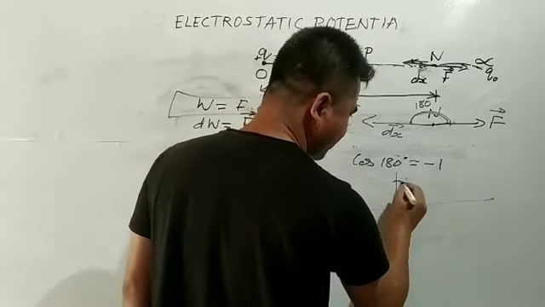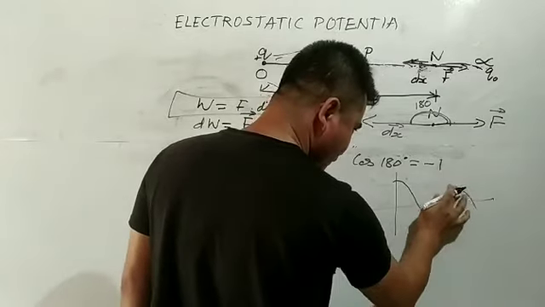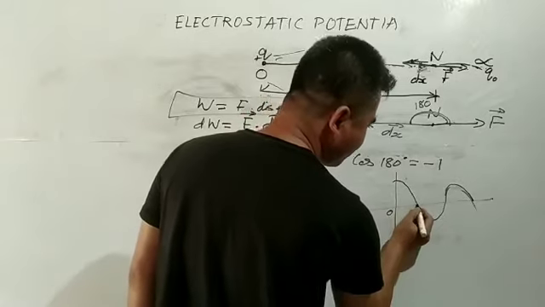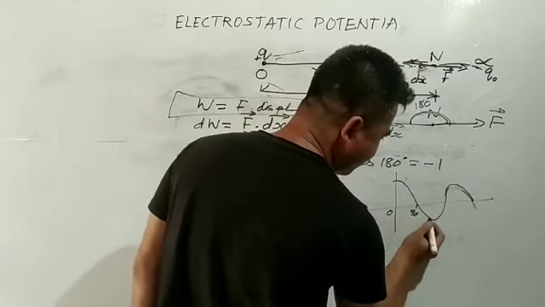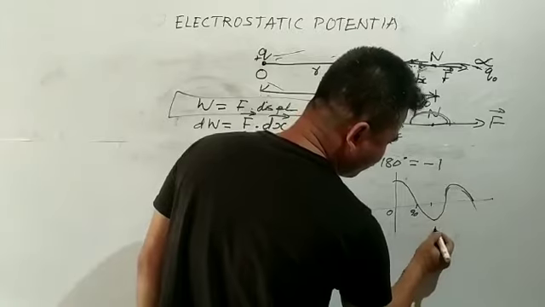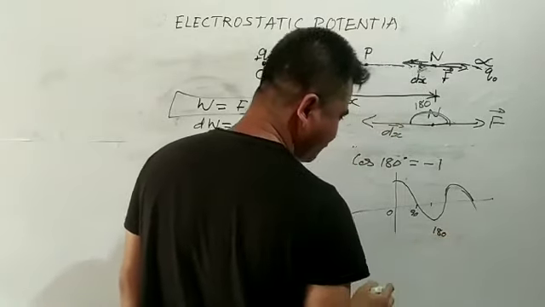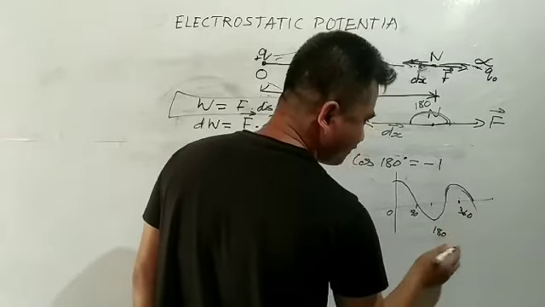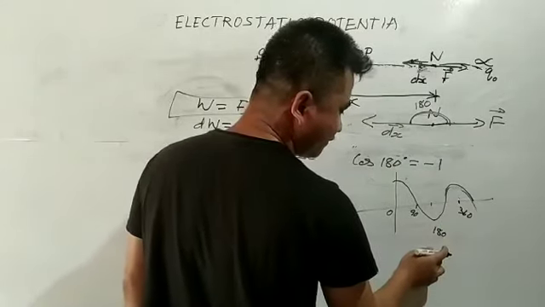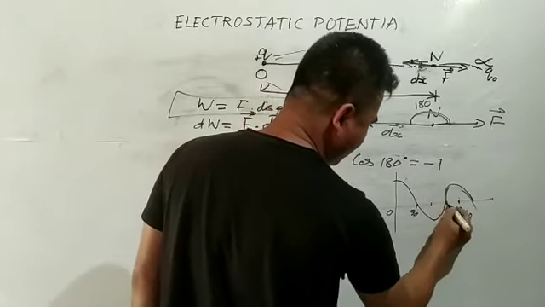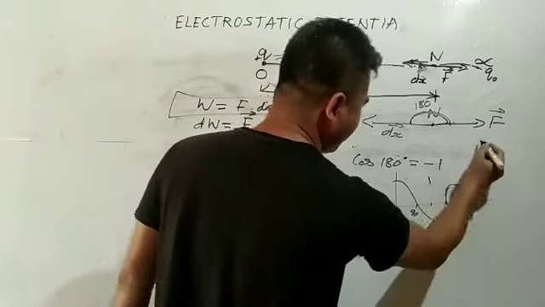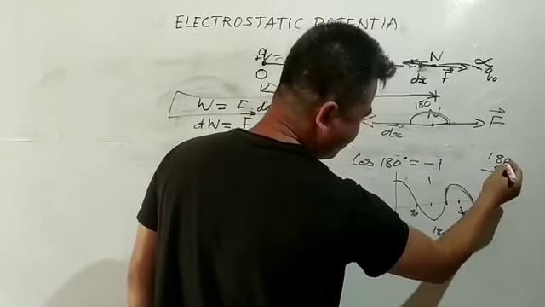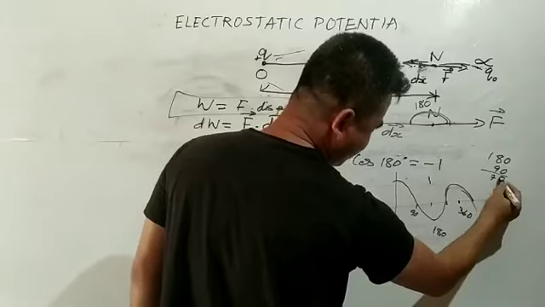From the diagram also you can understand. See, the cos graph is like this. This is 0 angle, this is 90 degrees, and this one is 180 degrees, and this one is 360 degrees.